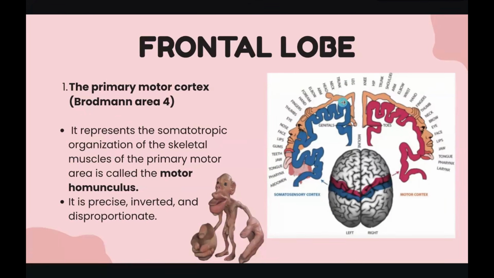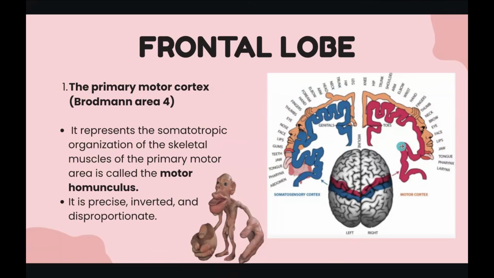All right. So this is important to know, because later on we'll be talking about the clinical significance or correlation regarding this. When any kind of trauma or bleeding happens to the midline or the medial area, it will be affecting the lower limb, and the lateral upper area will be affecting the upper limb, and so on.